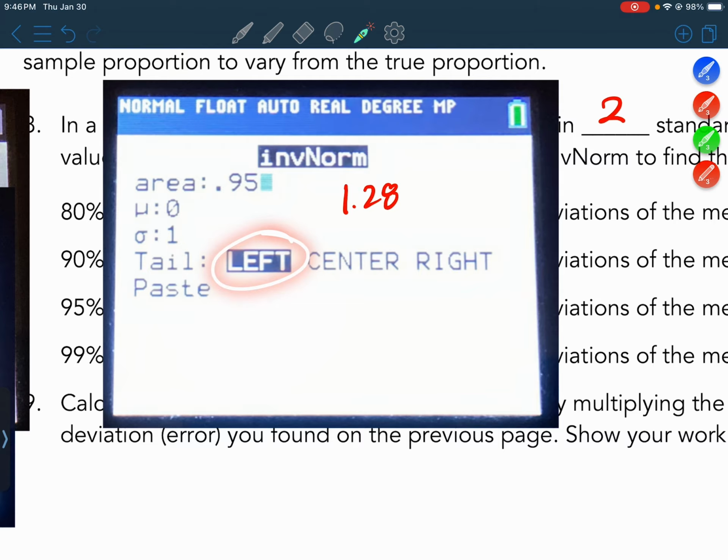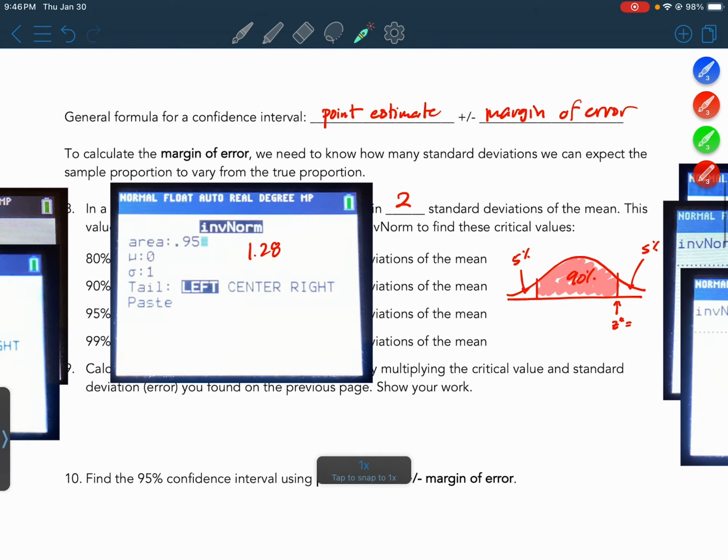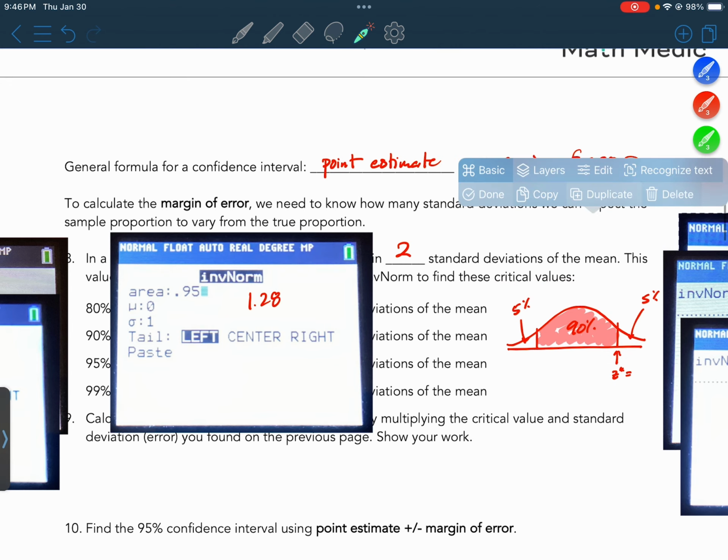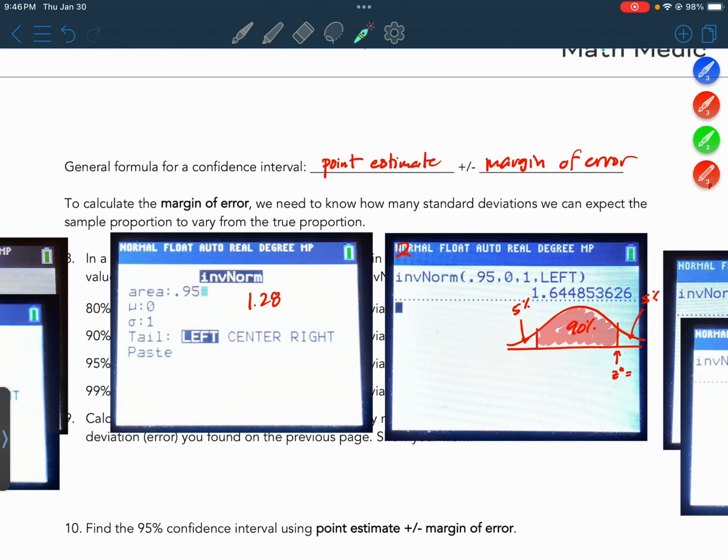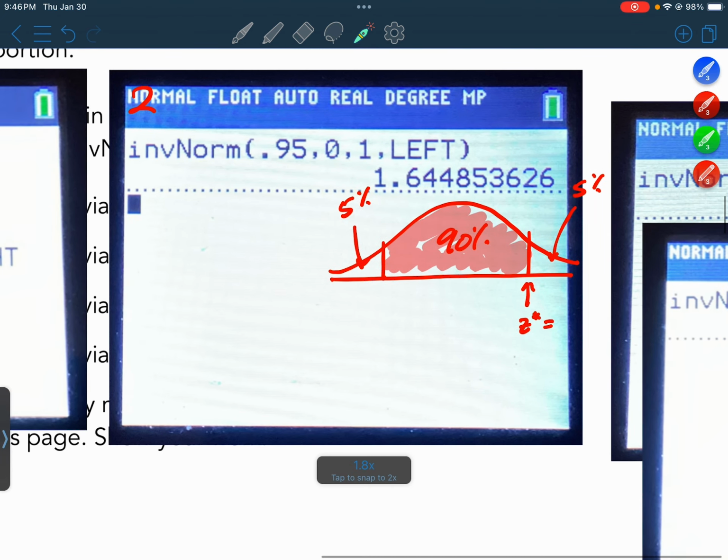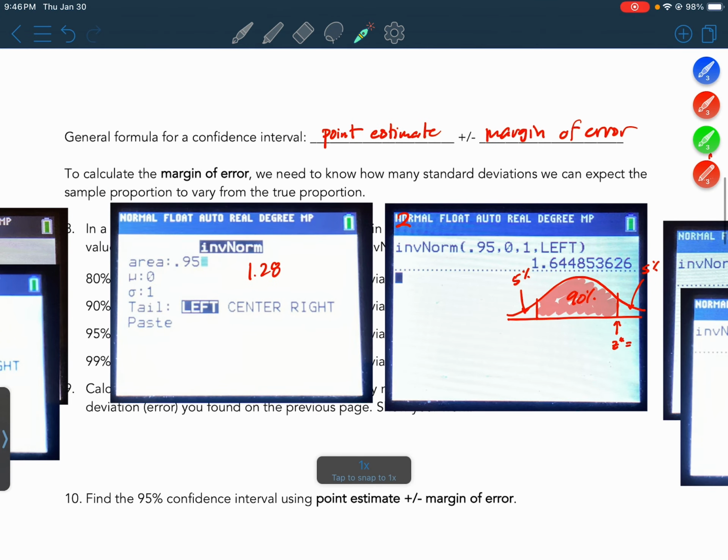It always does left by default. So I'm going to set it up that way. We've got 95% to the left of this boundary value. After you run that, you get this z-score, 1.6448, which we can round to 1.645.